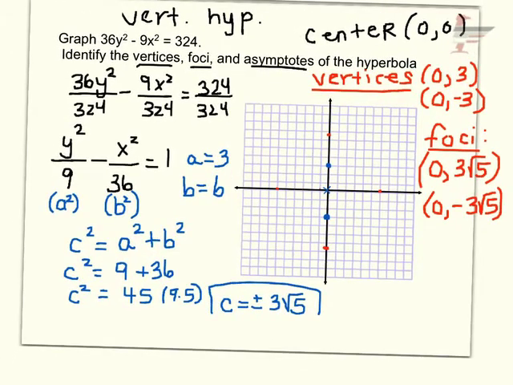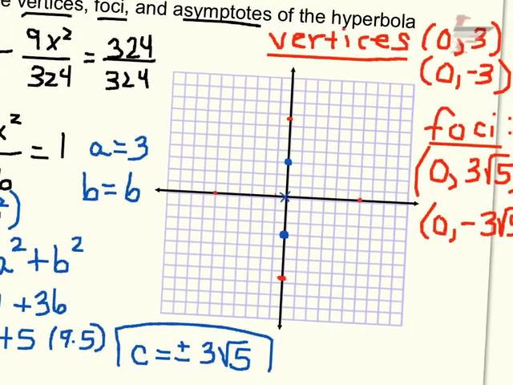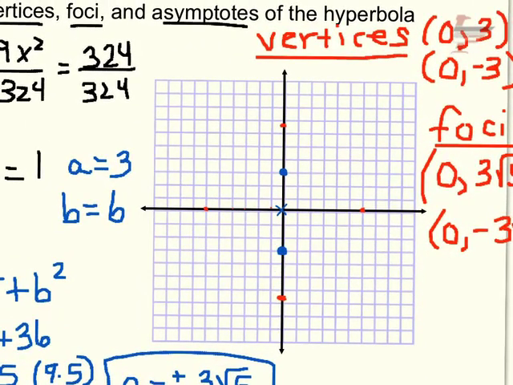And last but not least, I'm going to take my vertices and then my other points that are not covertices, and I'm just going to make a little rectangular box with those. This is not something you have to do, by the way.